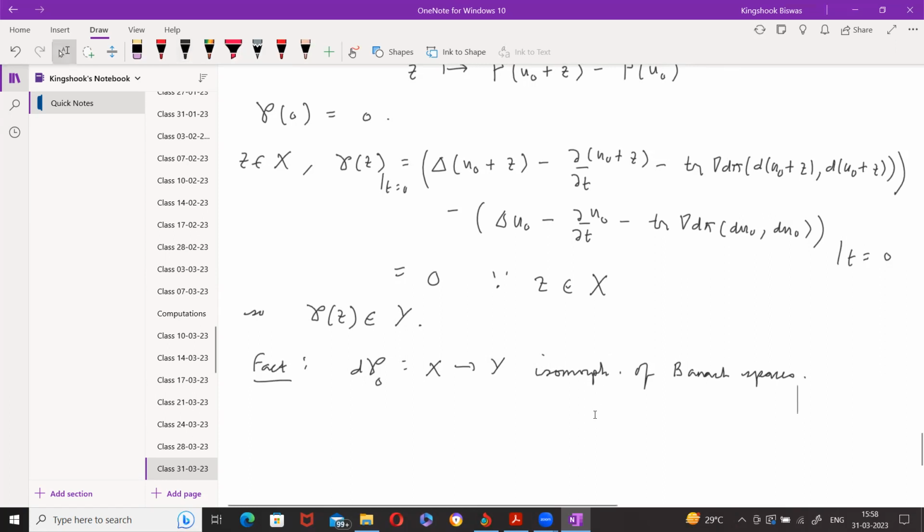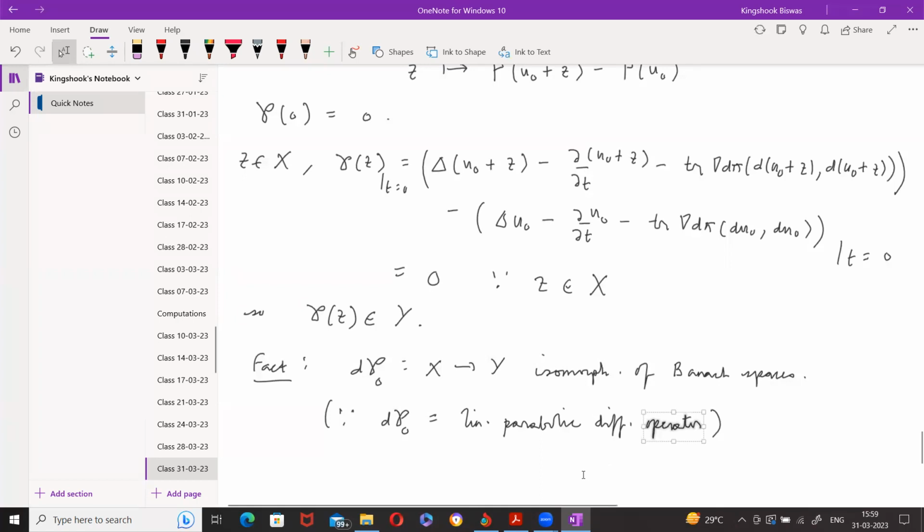Because it turns out that dP naught is a linear parabolic operator. And then the fact that this is one-to-one and onto and has a bounded inverse, all that follows from the classical theorem on linear parabolic PDEs.